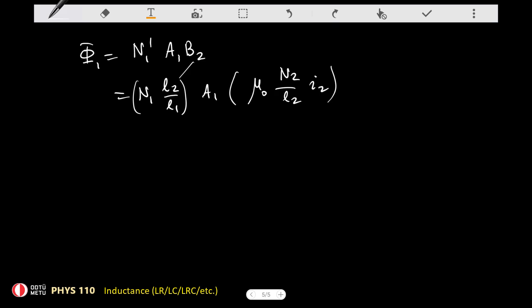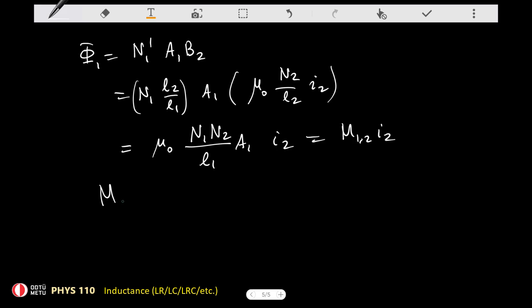As a result, these two L2s cancel each other. So the full expression doesn't depend on the length of the second solenoid. The area of the second solenoid also never enters into the argument. As a result, what we get is mu 0 N1 N2 divided by L1 times A1 multiplied with I2. So that's basically M1 to I2.